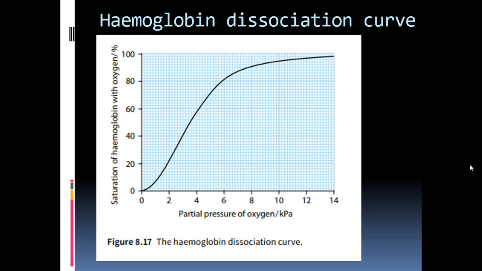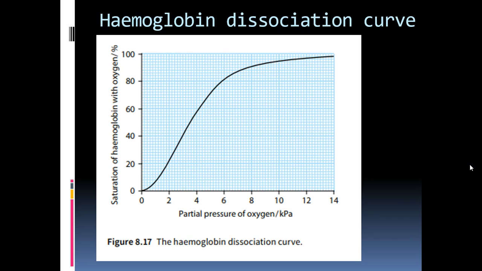Okay, so the general idea of the investigation is very simple, right? At lower concentration of oxygen or at lower partial pressure of oxygen, a lower percentage of hemoglobin will combine with the oxygen.